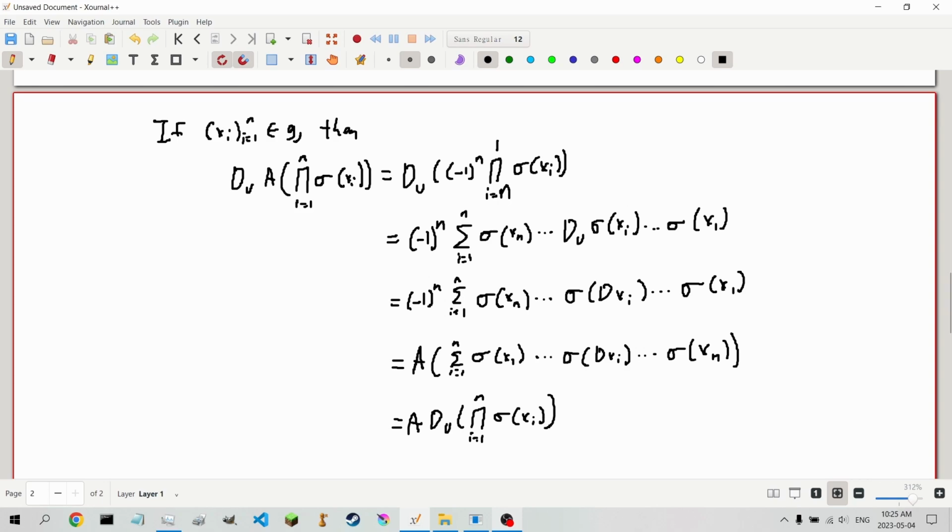And this is our original formulation with A and du swapped.